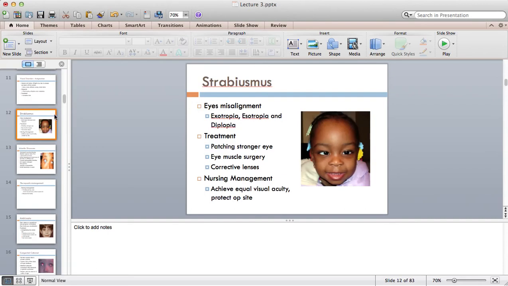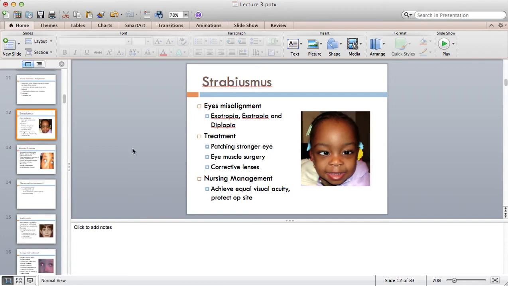This is the strabismus. Again, it's misalignment of the eyes. Treatment for this: because the eye muscles are not aligned well, one is stronger than the other, pulling the weaker one away, so the child is not seeing well.